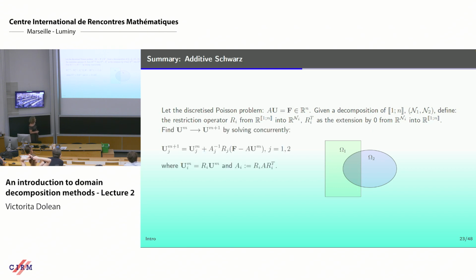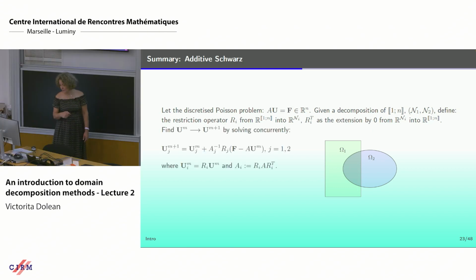Then the algebraic form of the Schwarz algorithm can be written this way. This is the local version. What I denote by uj is the local unknown vector corresponding to the subdomain omega j. The Schwarz algorithm is written in this way: I compute the (m+1)th iteration of this vector from the mth iteration by solving local problems in parallel.